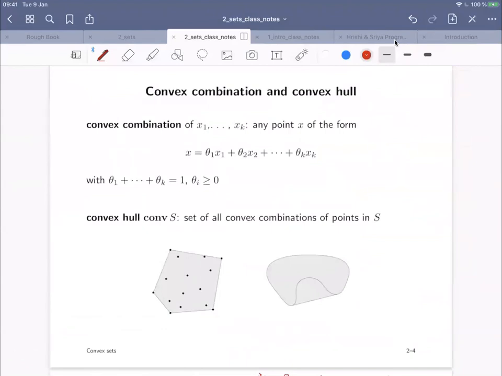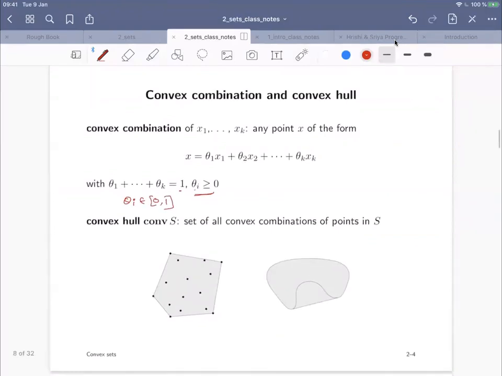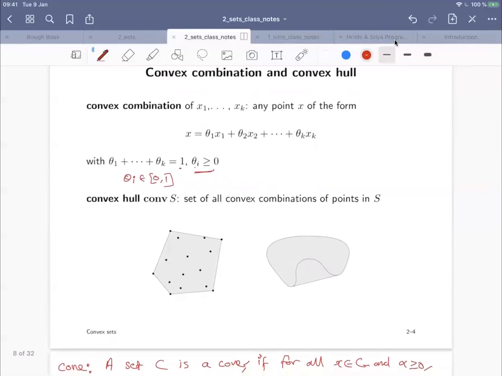We can also say that theta_i should be greater than or equal to 0, because when the thetas add up to 1, that means each theta_i has to be between 0 and 1, right? So you can state the definition of convex combination in both ways.